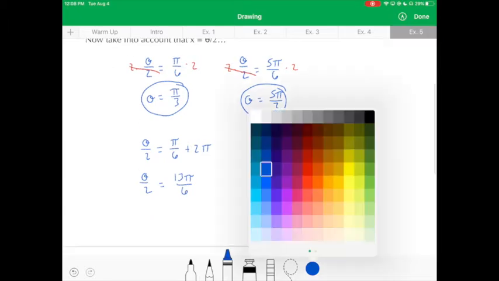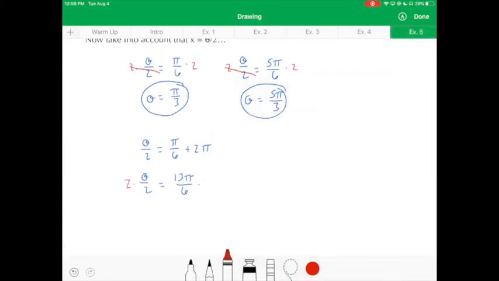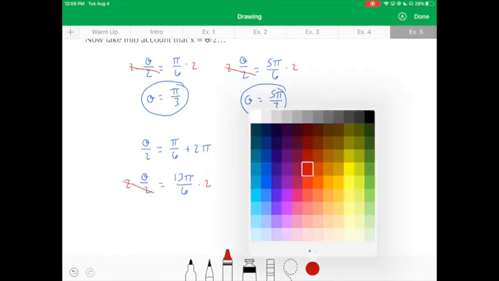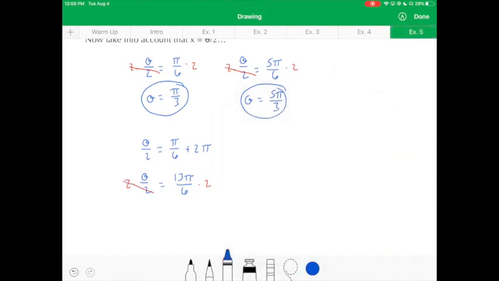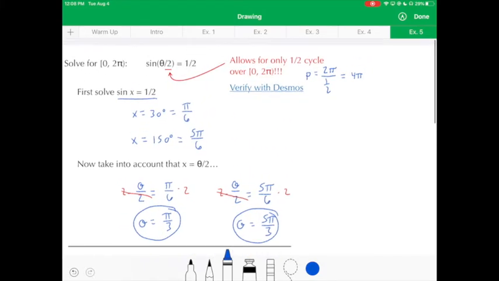And if I solve for theta here, multiply both sides by 2, theta is going to end up being 13 pi over 3, which, while it's a solution to the equation, it's not a solution in the interval from 0 to 2 pi. So I'm not going to include that in my solution set. Okay. Now let's verify all this with Desmos.